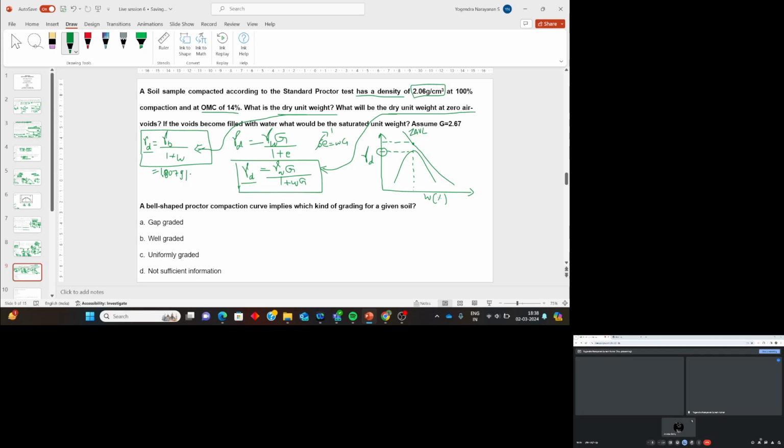Gram per cc. Always say with unit. Please don't forget to put the units. And you calculate the second part, dry unit weight at zero air voids.